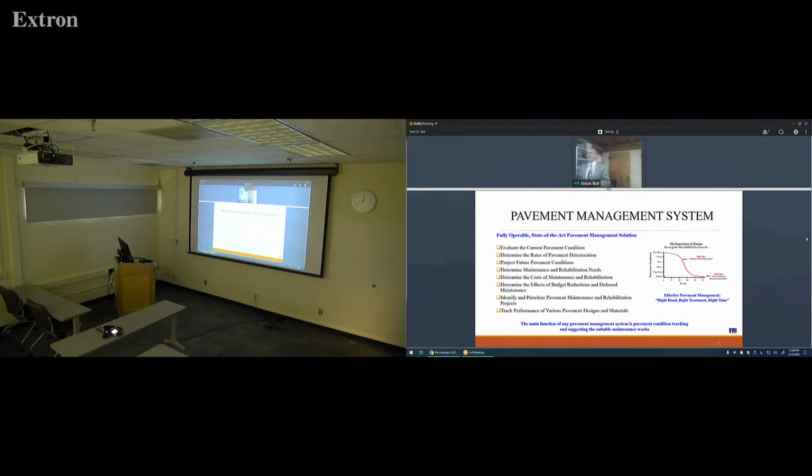We determine the rate of pavement deterioration, project the future pavement condition, and then develop maintenance and rehabilitation needs and strategies, and then also track the performance. I will go into it right here because these are important points you might have heard about in the development and implementation of pavement management systems.